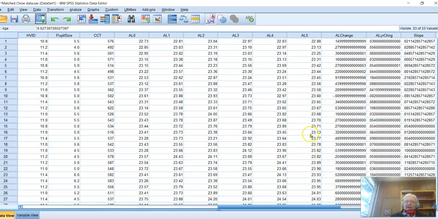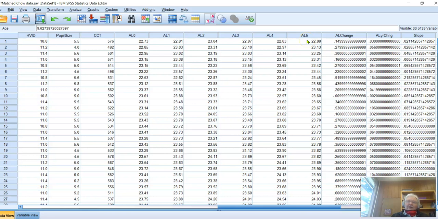And your answer will be in your original scale, so it'll be the millimeters of axial length, whatever. So it's convenient to have that. Then you have a direct comparison.